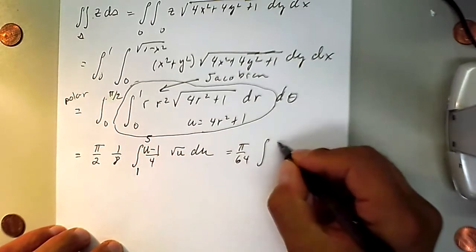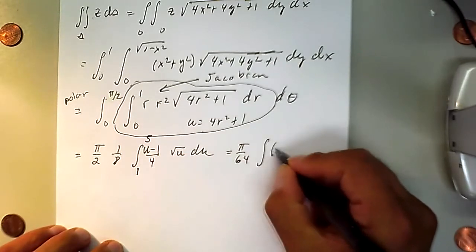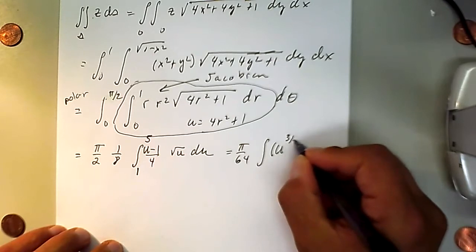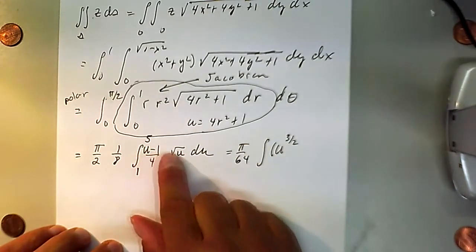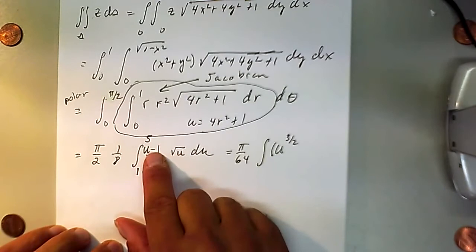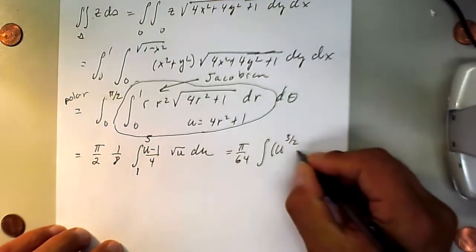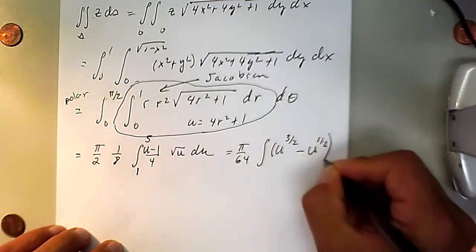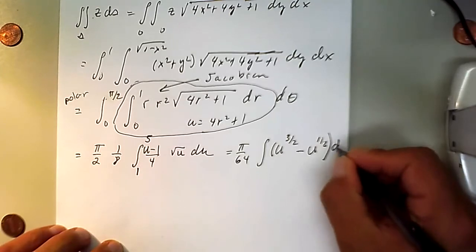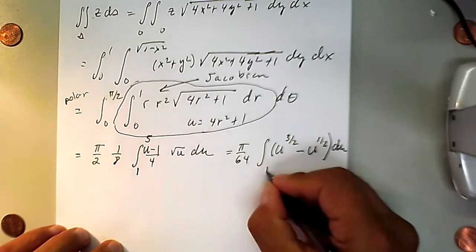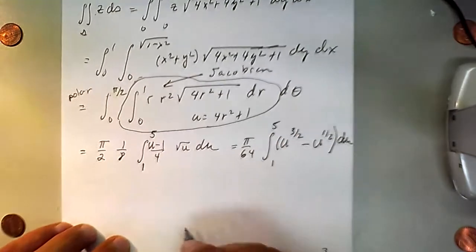So we integrate u to the 3/2, minus u to the 1/2 du, from 1 to 5.